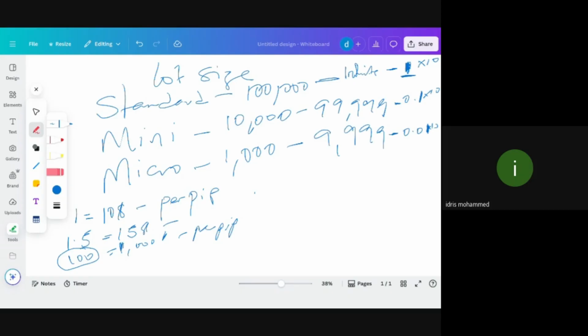And if they have 50 pip for a long, that means they will be making how much? 50 times $1,000. They are making 50,000 on one position.